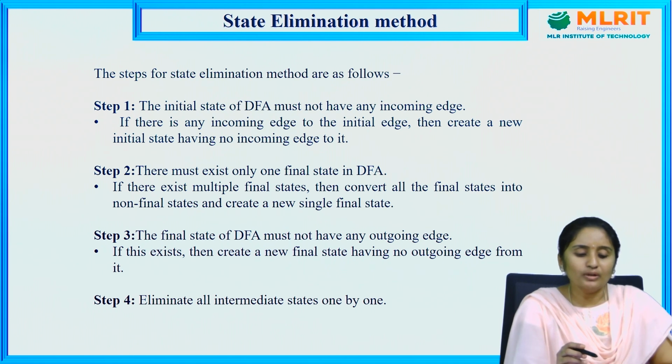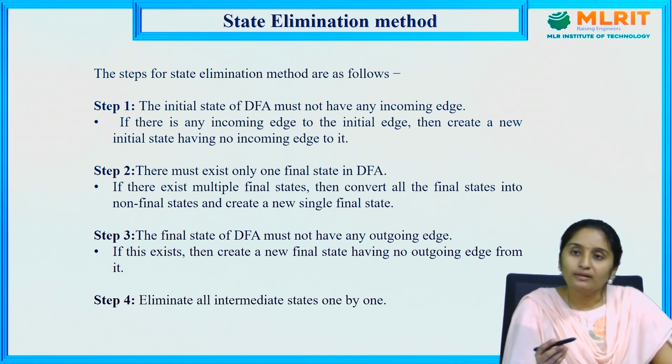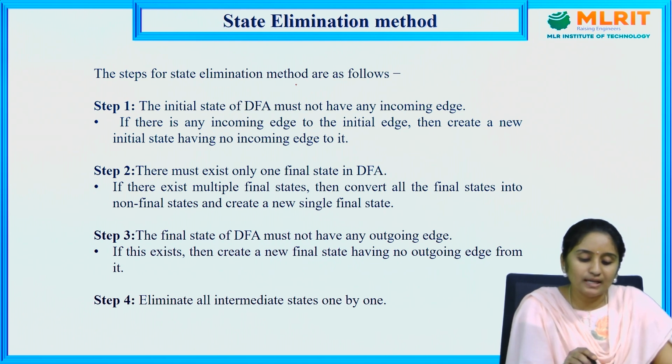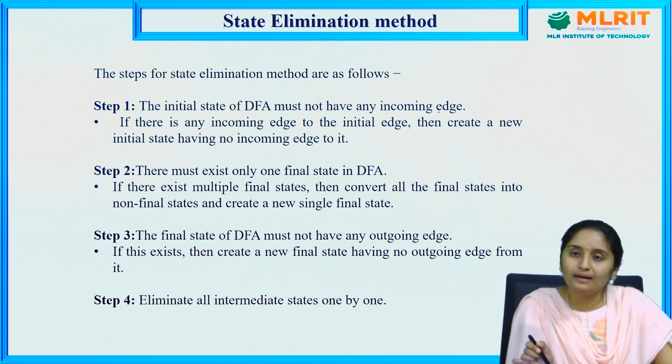What are the steps required to convert a given finite automata to a regular expression? The steps for the state elimination method are: Step 1, the initial state of the DFA must not have any incoming edge.